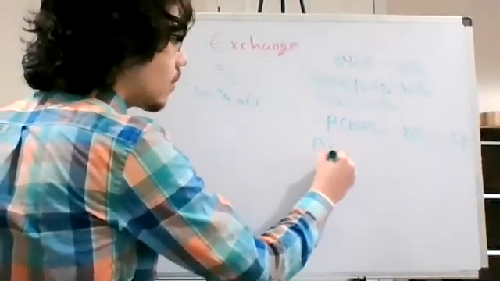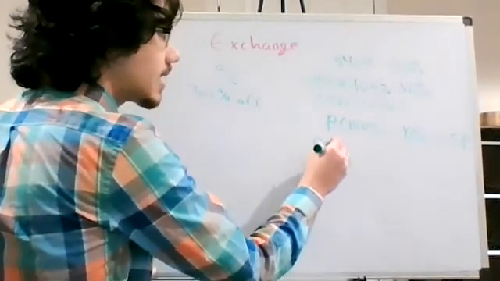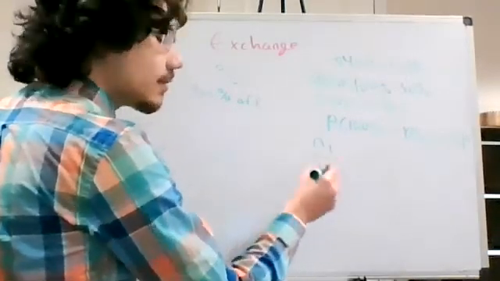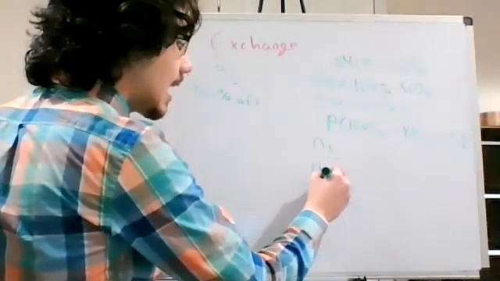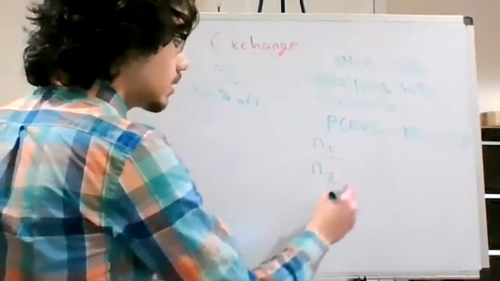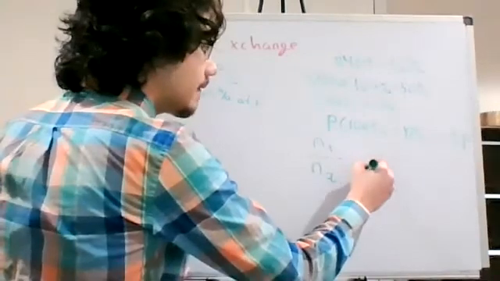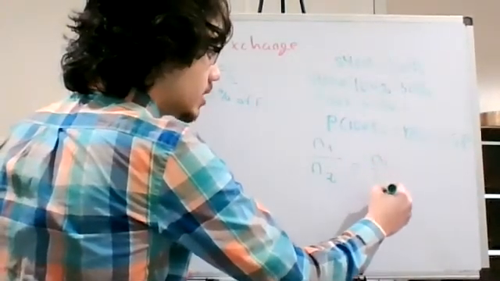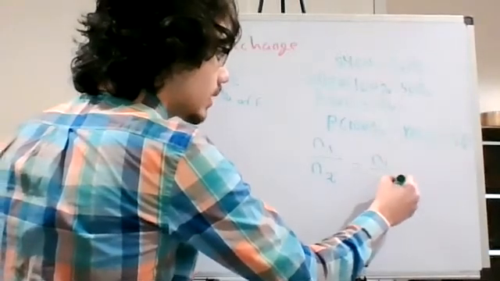So say N1 is the amount of things that you have to buy over the amount of things that you get, being N2, whereas if it's buy a certain amount, get one free, N2 is N1 plus 1.